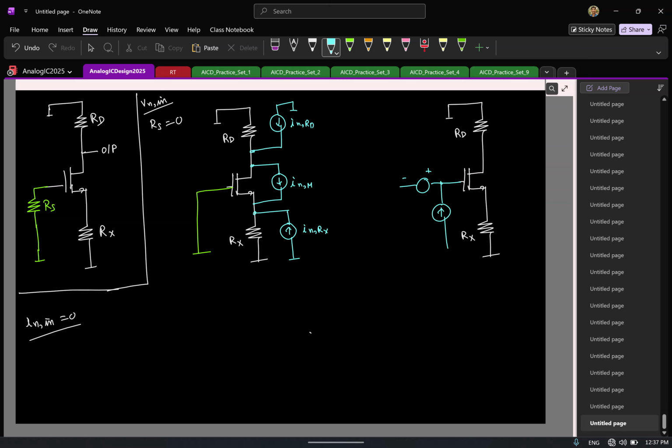This is the current, and I'm going to short the input. Here we already know the current is not going to continue. The idea is the same as before. Let's say I now consider the short circuit current as the output. Same I'll consider here.